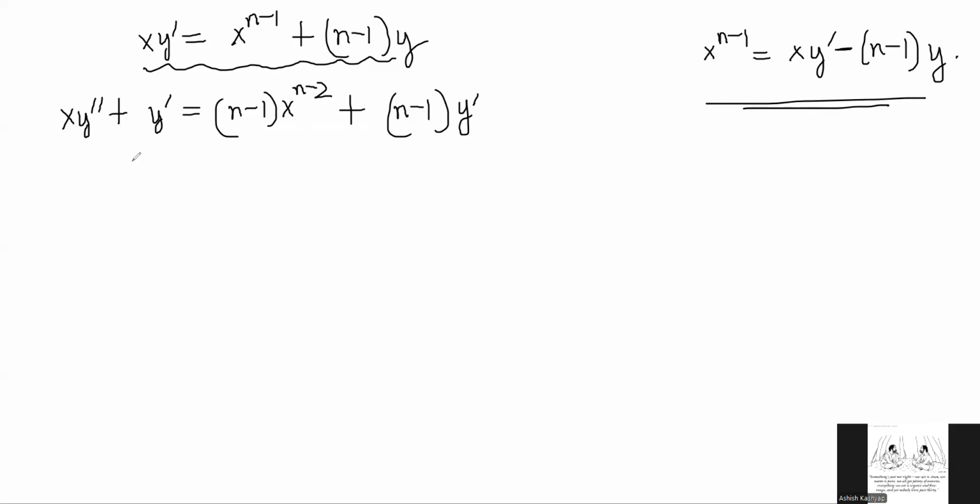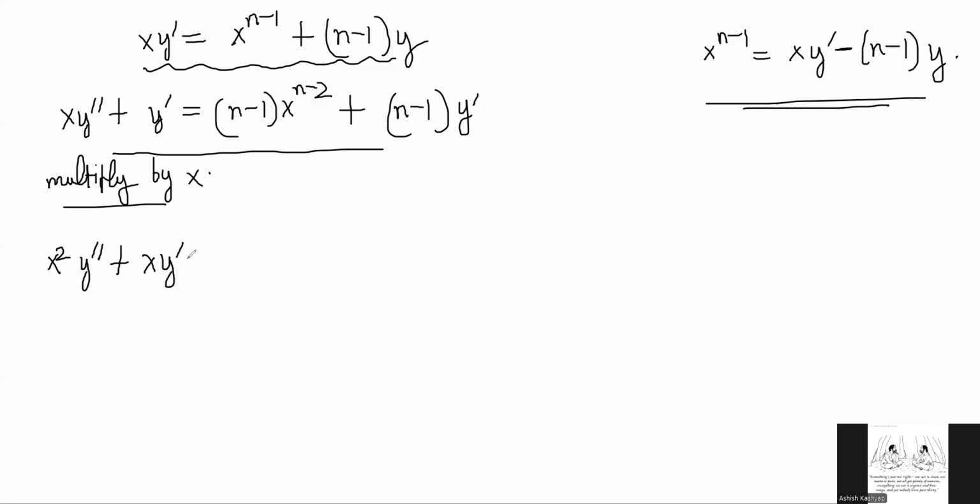What I will do here is multiply both sides of this relation by x. So I'll get x square y double dash plus x y dash is equal to n minus 1 x power n minus 1 plus n minus 1 x y dash, right? Okay.